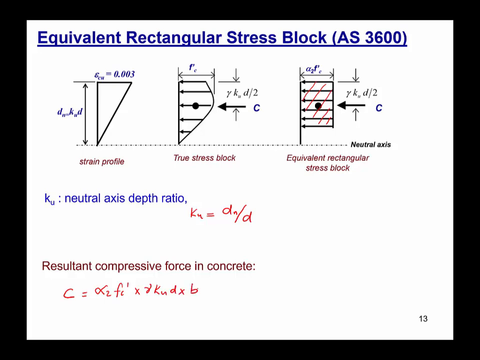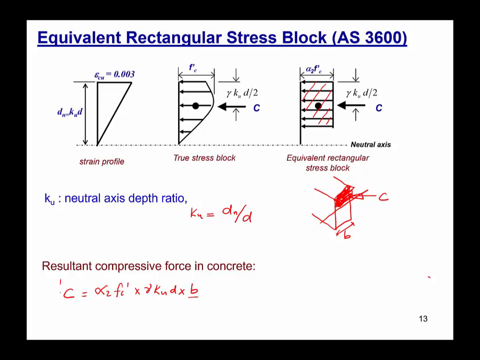Now why the width of the beam? Because if we look at the cross section of the beam here in 3D, and the neutral axis depth is somewhere here, your equivalent block is like this. We are trying to find the volume of this equivalent stress block, and that will give us the total compressive force acting in the concrete, C. So we have to multiply by the width of the beam as well, which is denoted by b here.